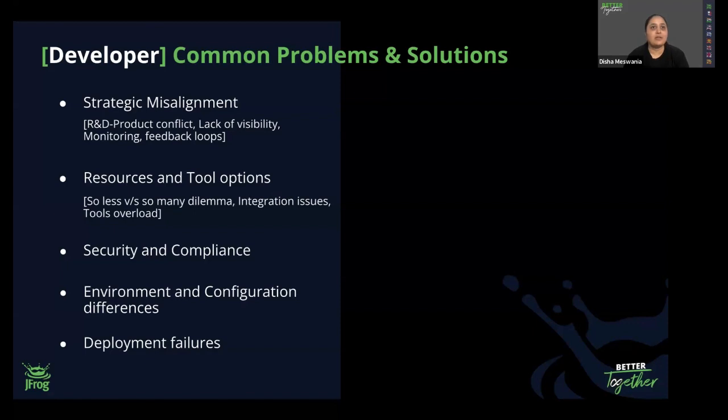Say, for example, there are integration issues or tool issues that come into place. We want to be able to choose the right tool to have minimum possible issues. Of course, it's not going to be possible to have a tool which is going to seamlessly integrate with everything and you will have no issues at all, right?